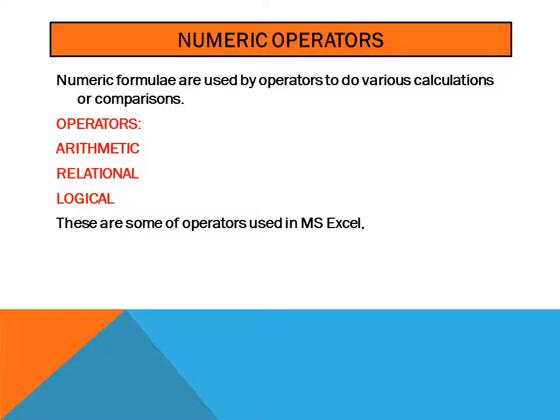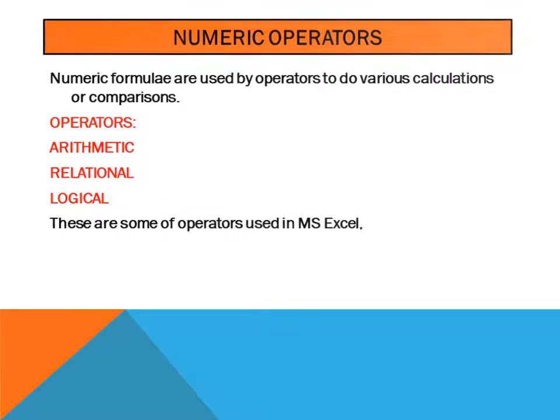Now, which are the three main operators which are basically used in MS Excel for doing various kinds of calculations and other things? We have arithmetic operators, we have relational operators, we have logical operators. These are some of the operators which are used in MS Excel. All the three we are going to study in detail one by one. So let us move further.